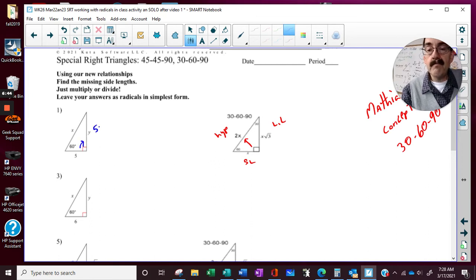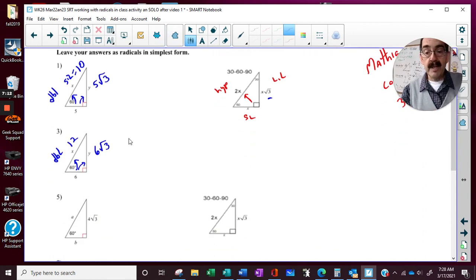So 5 multiply by radical 3. We double when we go to the hypotenuse. So 5 times 2 equals 10. 6, multiply, 6 radical 3. We double it, and we get 12.